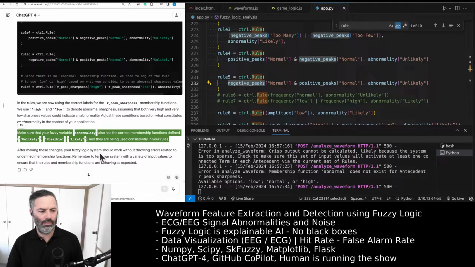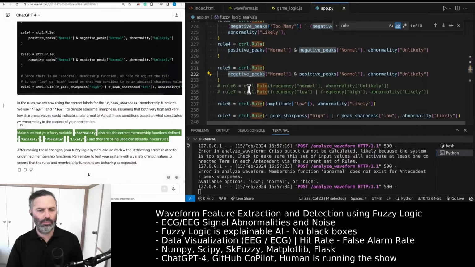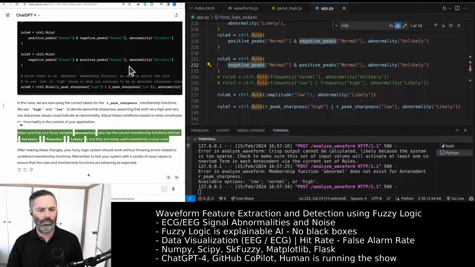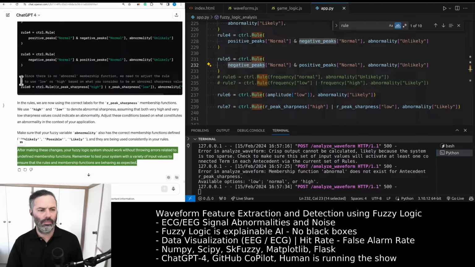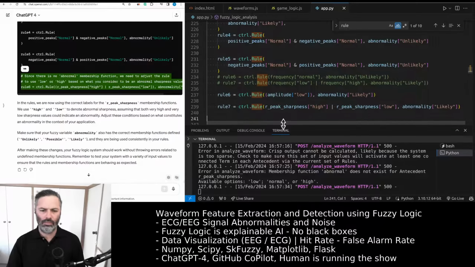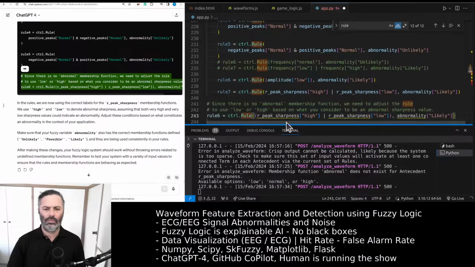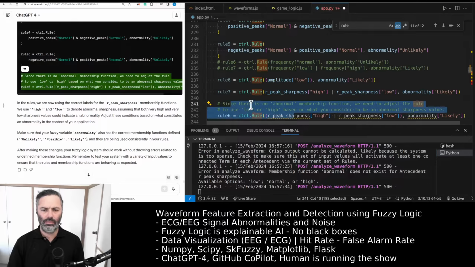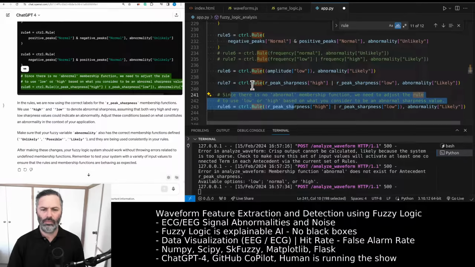Make sure that your fuzzy variable abnormality also has the correct membership functions defined: unlikely, possible, likely, and they're being used consistently in your rules. After making these changes, your fuzzy logic system should work without throwing errors related to undefined membership functions. Remember to test your system with a variety of input values to ensure that the rules and membership functions are behaving as expected.